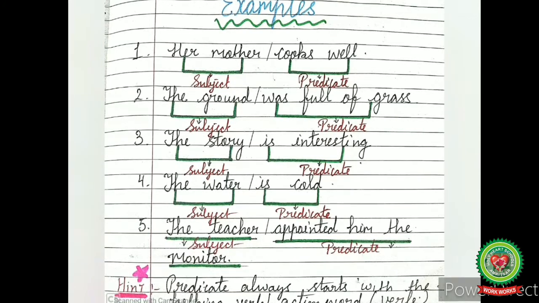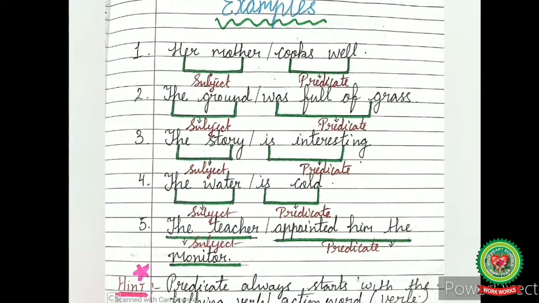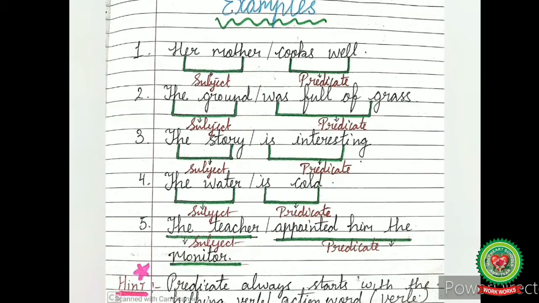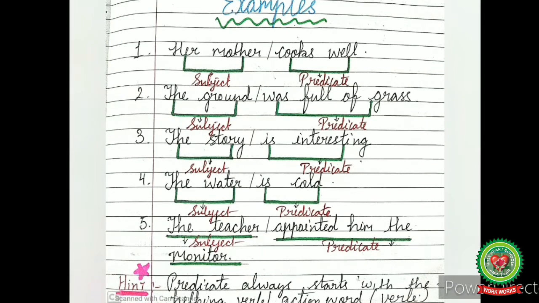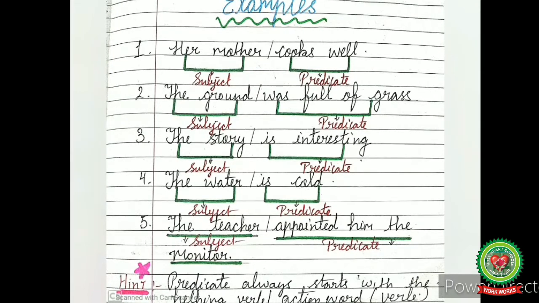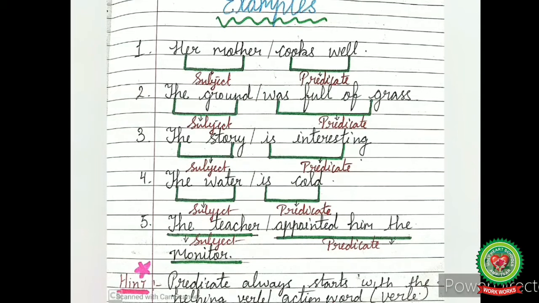Number 4 is, the water is cold. What we are talking? The water, so subject. What we are talking about the subject? Is cold, so predicate. Number 5 is, the teacher appointed him the monitor. About whom we are talking? The teacher, so subject. What we are talking? Appointed him the monitor, so predicate.